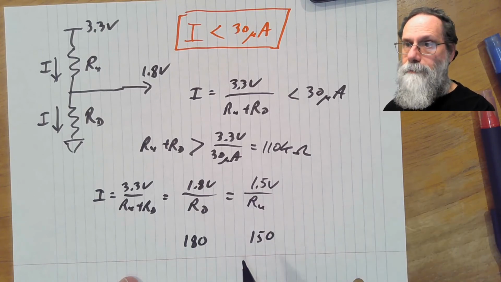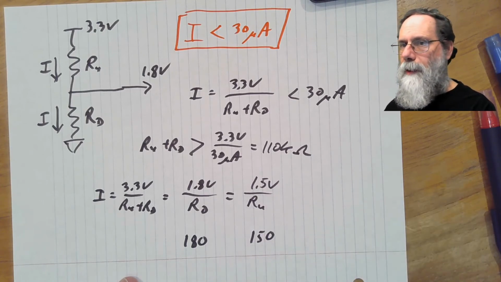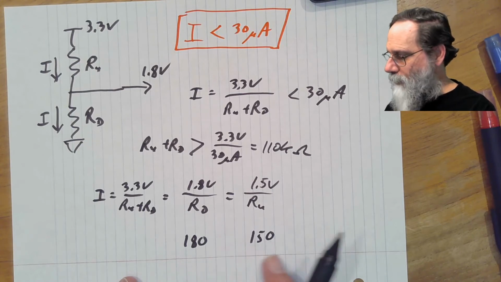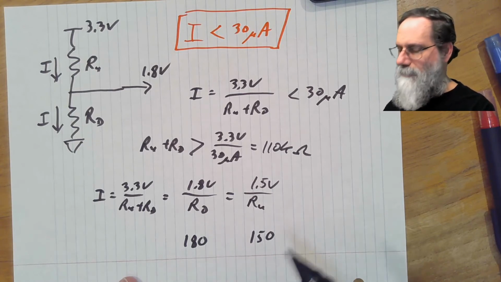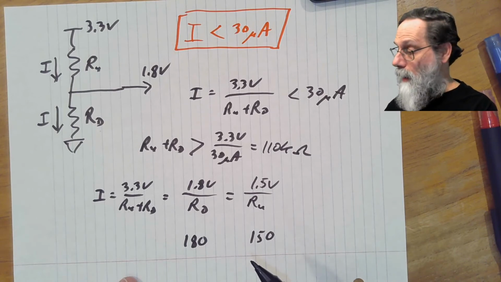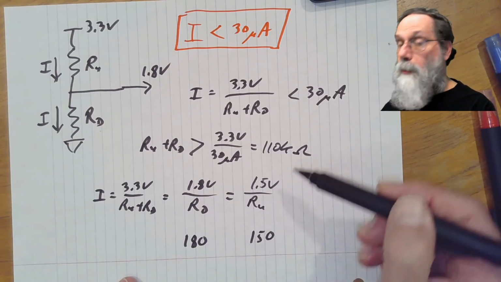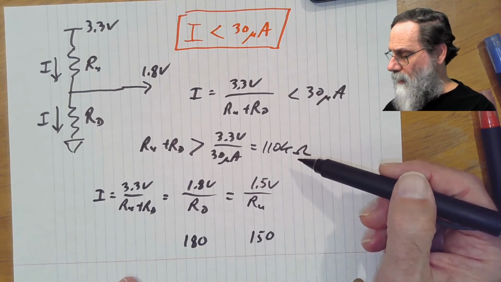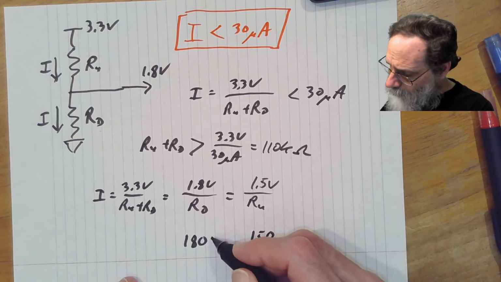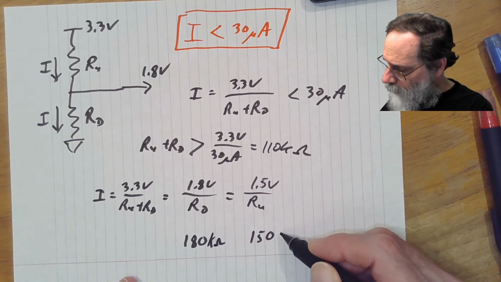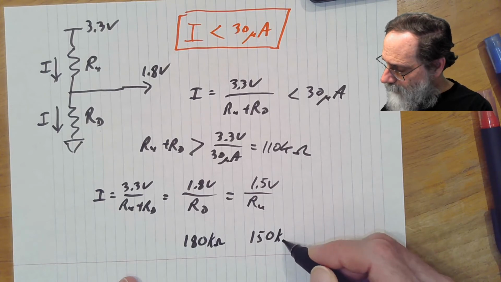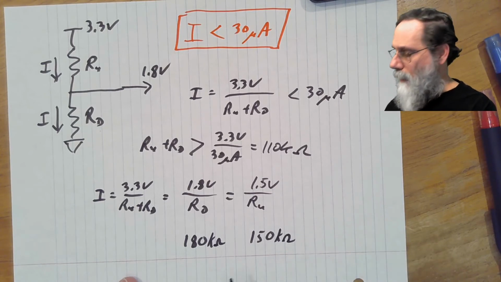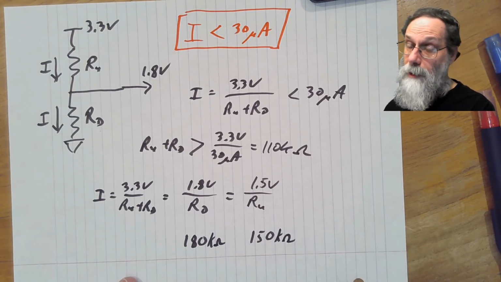But how big are these? And notice I haven't put units on these things yet. That's just scaling factors. I need them to add up to more than 110 kiloohms. Well, if I just made this 180 kiloohms and this one 150 kiloohms, then they would add up to 330 kiloohms.